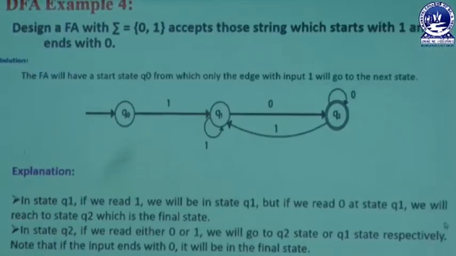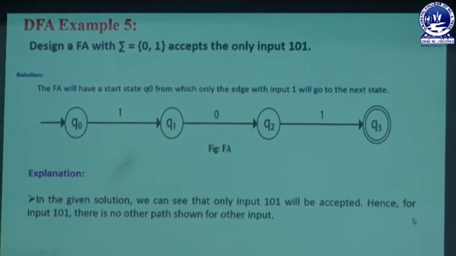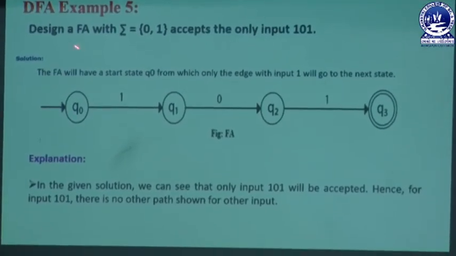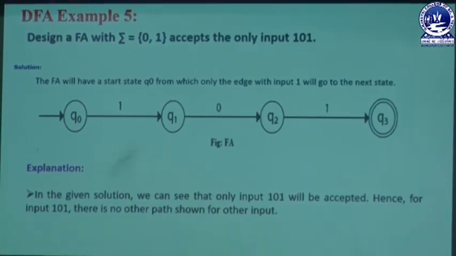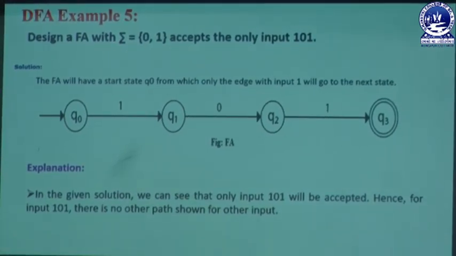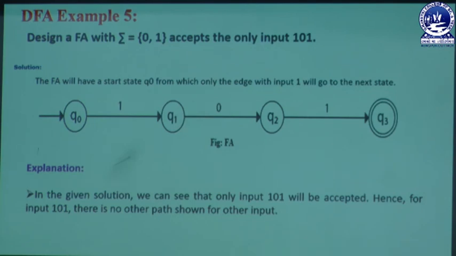In this diagram we show another way of representation, so we are going to design a finite automata. We have two types of parameters, 0 or 1, and it accepts only the input value 101. We never take similar parameters in the same state.